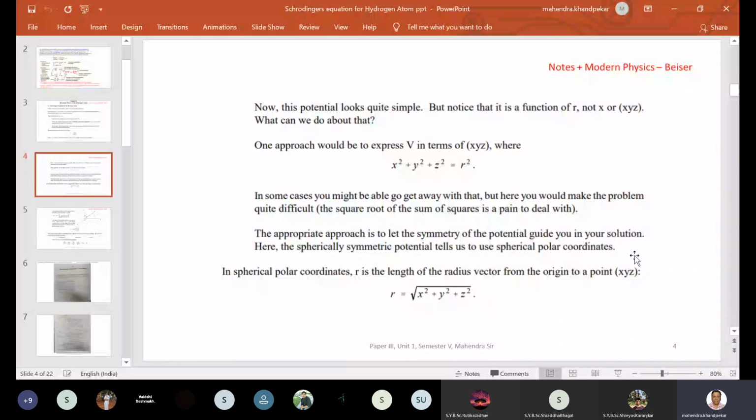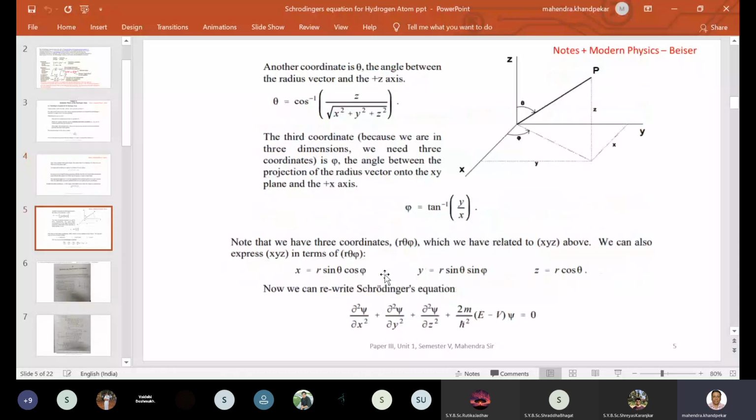So in quantum mechanics, it is always guided by something called symmetry. Symmetry of the whole hydrogen atom, which is actually a symmetric hydrogen atom. And by every means we are asked to use a spherically symmetric potential, that is, spherical polar coordinates. So instead of using Cartesian coordinates, we will use spherical polar coordinates, and we were talking about this in my previous lectures.